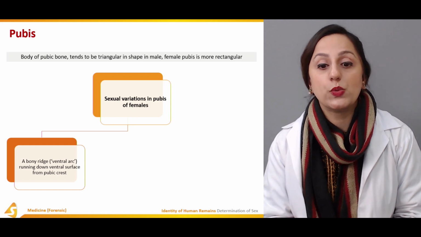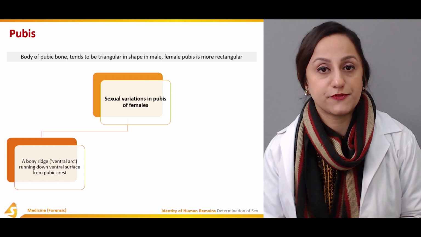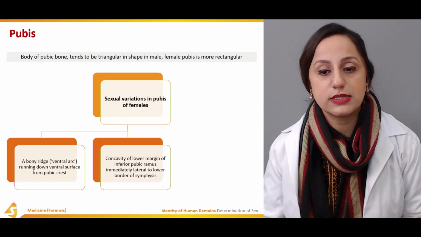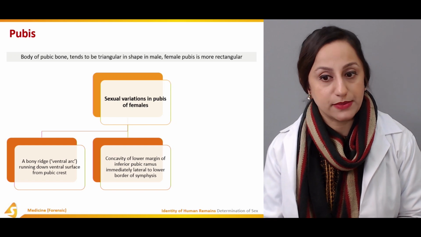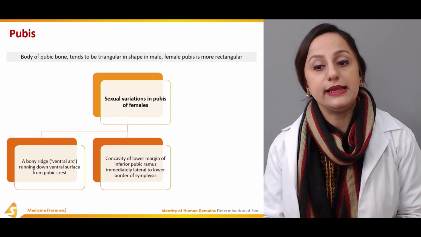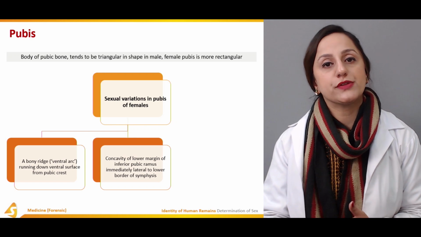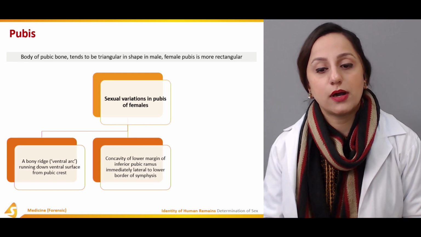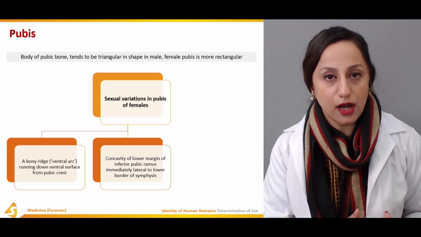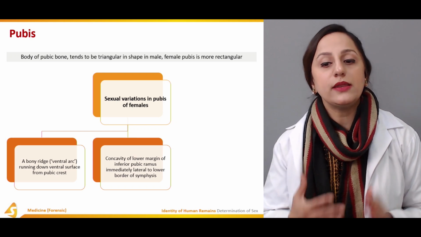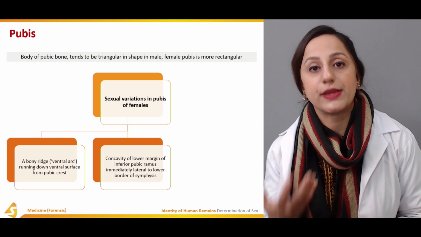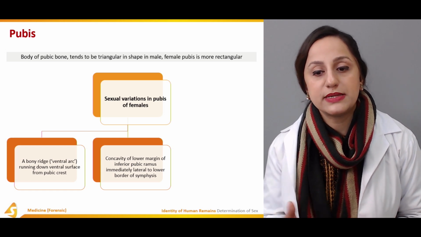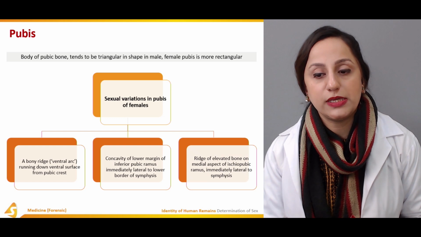A vertical ventral arc, a bony ridge running down the vertical surface from the pubic crest, and then the concavity of the lower margin of the inferior pubic ramus, immediately lateral to the lower border of the symphysis. So we can have a ventral arc at one end, and a concavity of the lower margin of the inferior pubic rami. That is a difference we have to keep in mind.